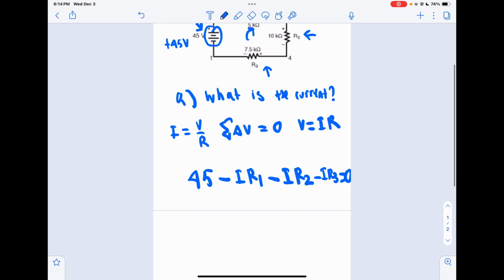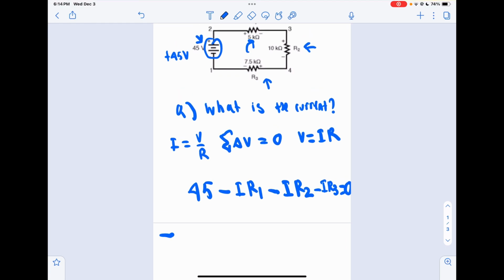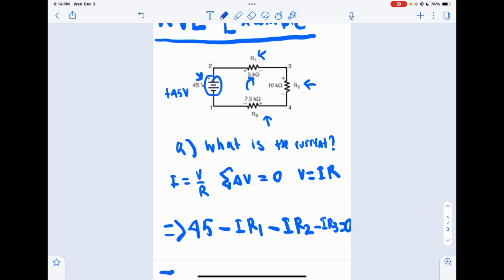And keep in mind, since this is just one circuit, current is equal everywhere. The current is flowing the same everywhere, so that's why we only have one current.